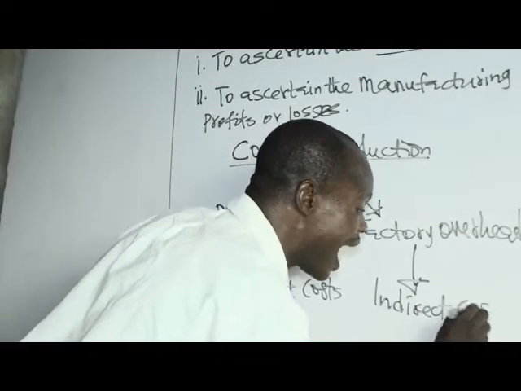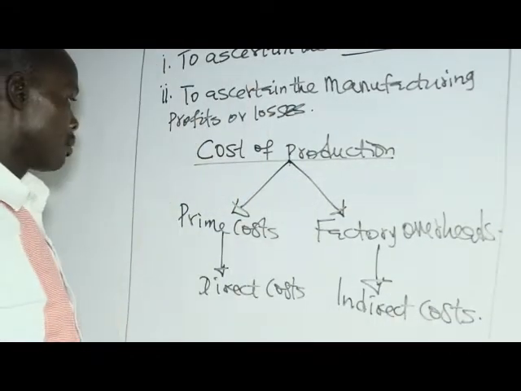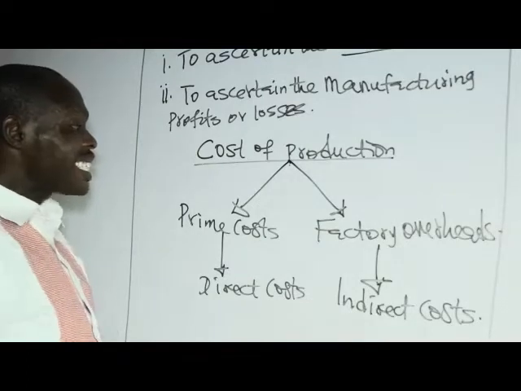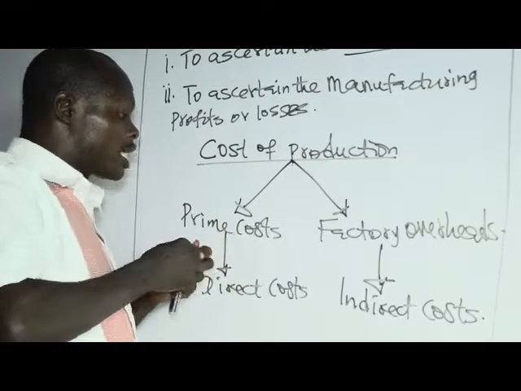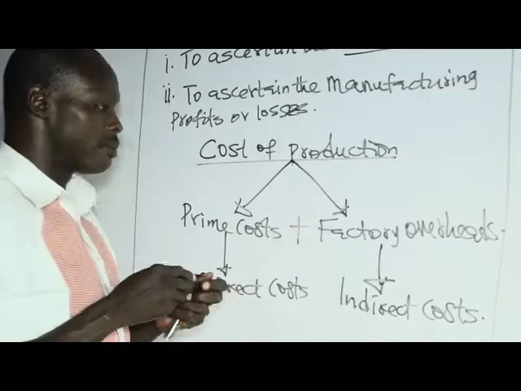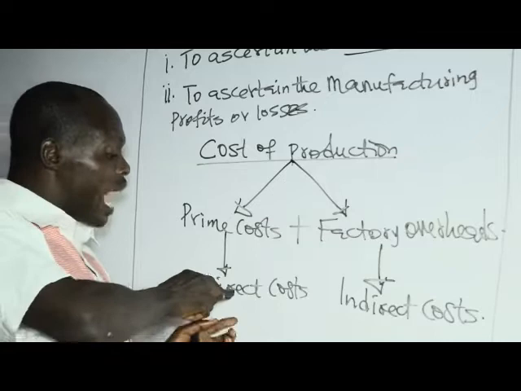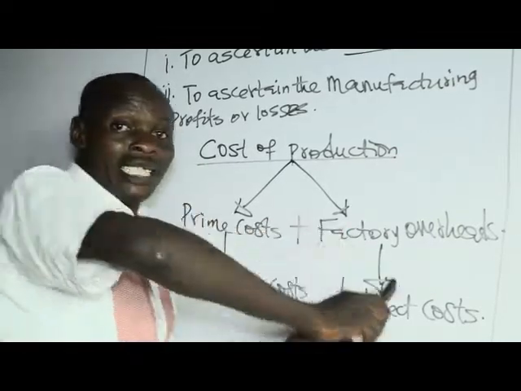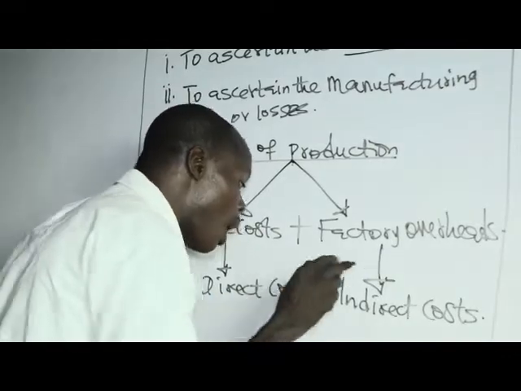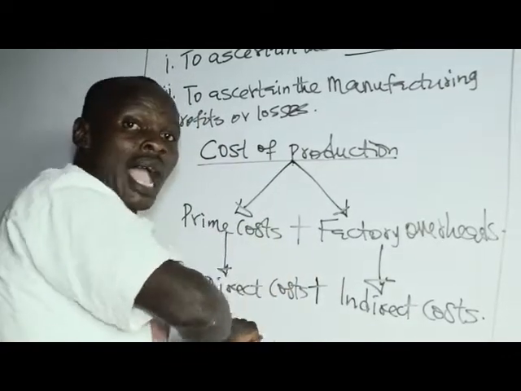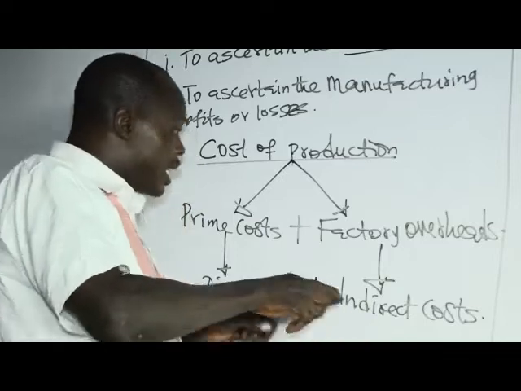Indirect costs are said to be overheads. Meaning that to ascertain the cost of production, you are going to sum up your prime cost and your factory overheads. That is, you sum up your direct cost and indirect cost. The total of both is said to be the cost of production.